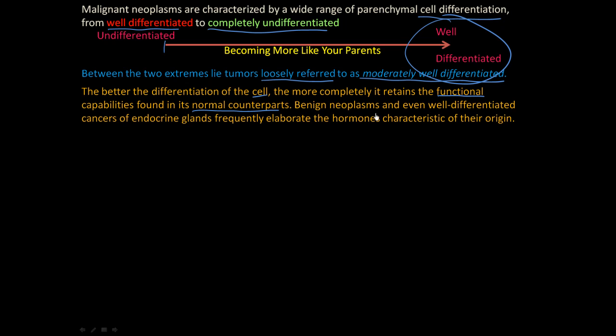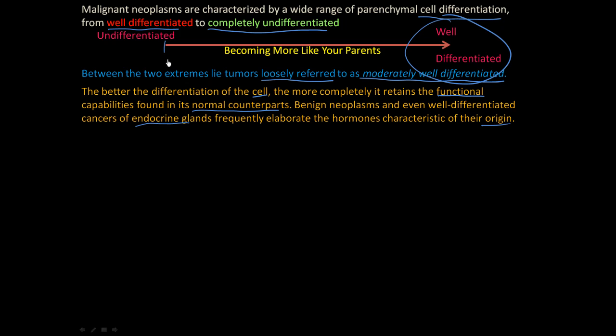So benign neoplasms and even well differentiated malignant cancers of endocrine glands frequently elaborate the hormones characteristic of their origin. So if you have a benign neoplasm in the thyroid, for example, you just might have more thyroid hormones.